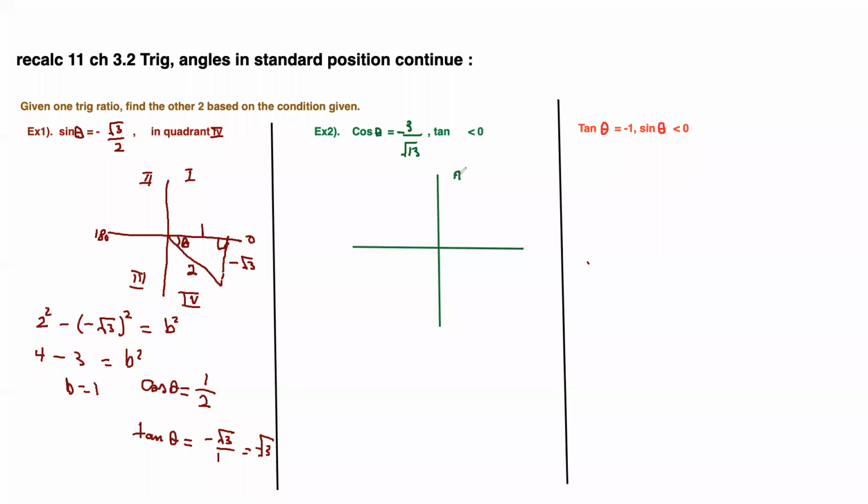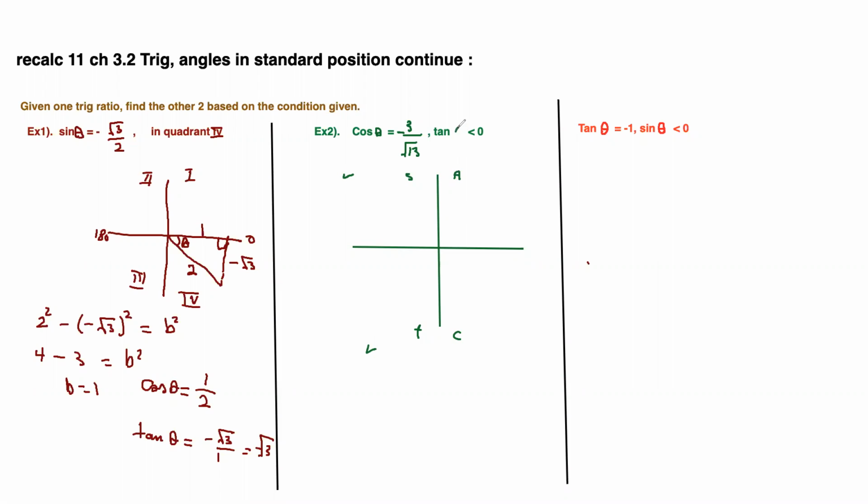Remember, all students take calculus: all positive in the first quadrant. In the second quadrant, only sine is positive; in the third quadrant, only the tan is positive; in the fourth quadrant, only the cosine is positive. As you see, the cos here is negative, so it could be in the second quadrant or in the third quadrant. But this condition is also telling me tan is less than 0.